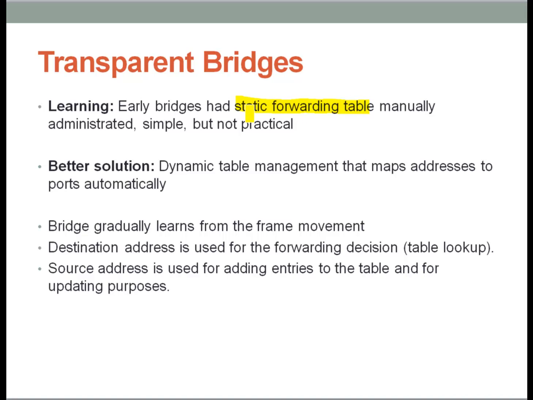That is called the static forwarding table and dynamic forwarding table. Static forwarding table means the administrator will create the table. Dynamic forwarding table means automatically the bridge will create its own table. So how is it going to create? You can see in the next slide.